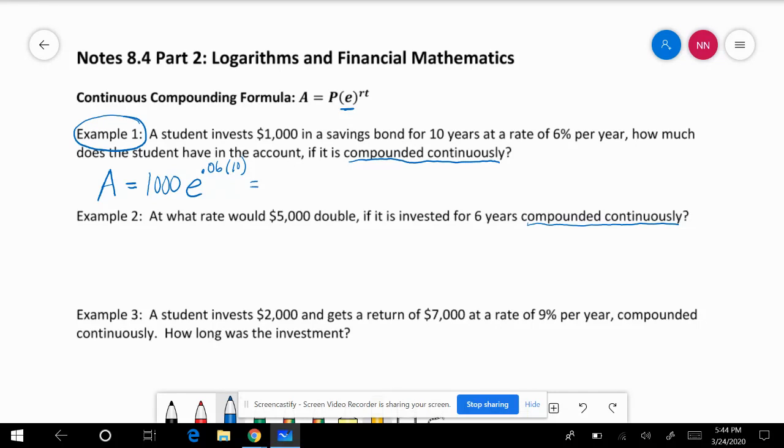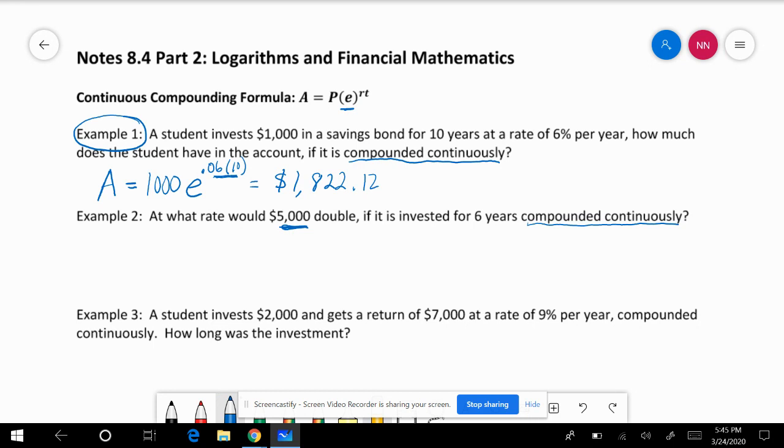We're going to take out our calculator and go 1,000 times E raised to the 0.06 times 10. Make sure that it's raised to both of those values. And what we get is an answer of $1,822.12.